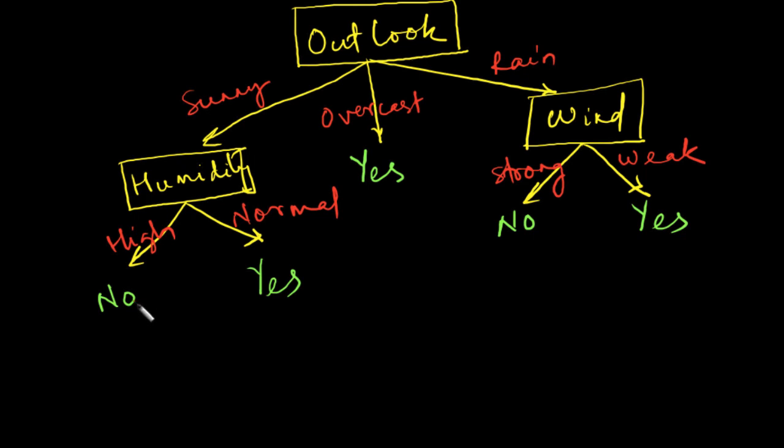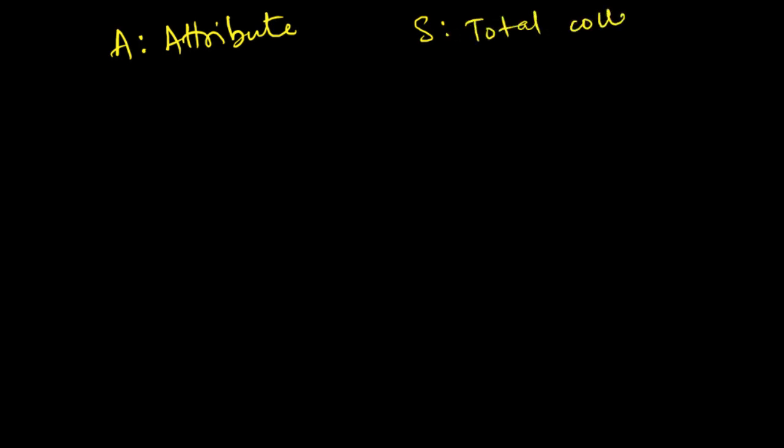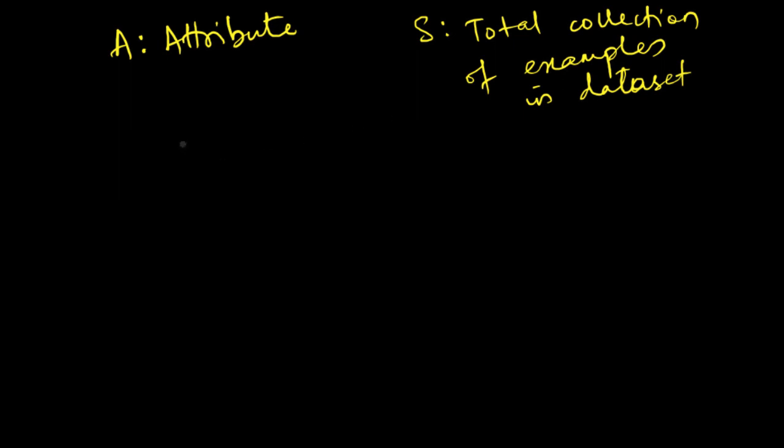So now let's write the formalism a little bit more formally. Let's say you have a data set which has many attributes which are represented by A. So this is one of the attributes of your data set. S is the total collection of examples in your data set.